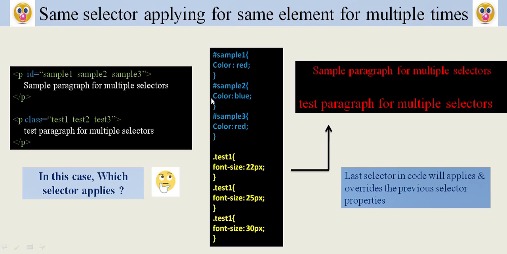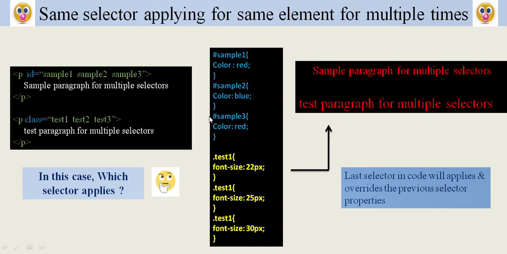Then if you created the sample2 ID selector and given the color as blue, that means we are overriding the red color from the first ID selector. That red color will be overridden by blue, so this entire thing will turn to blue color.